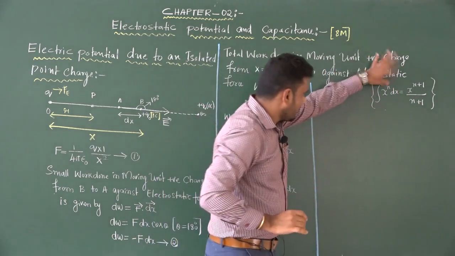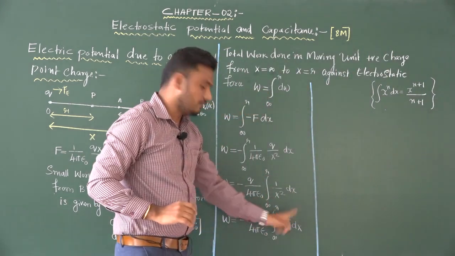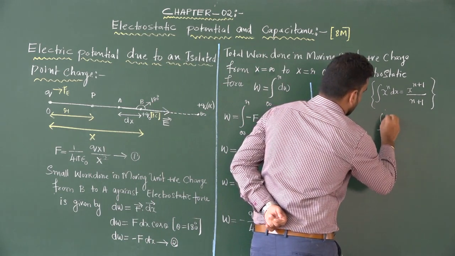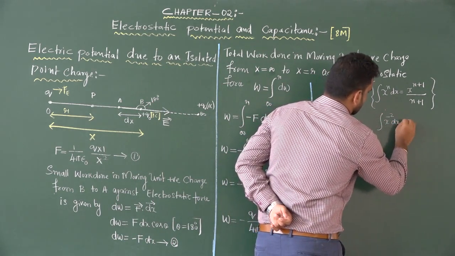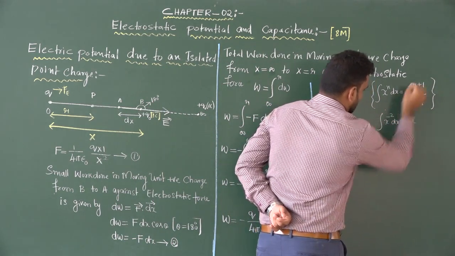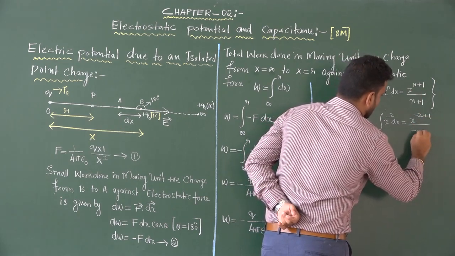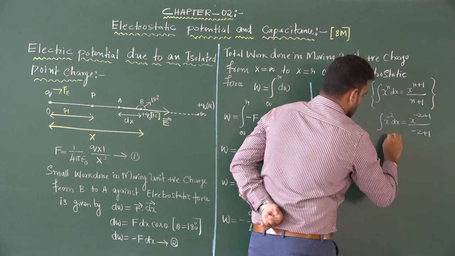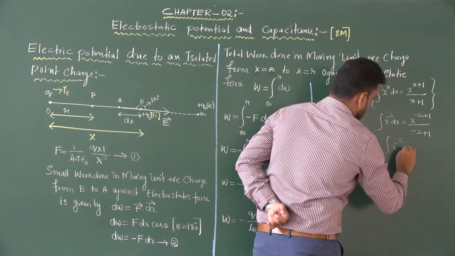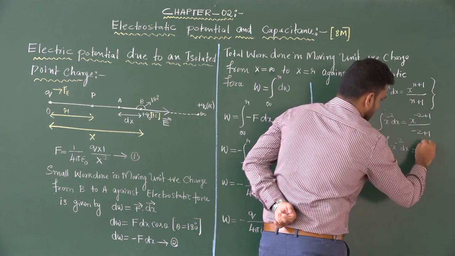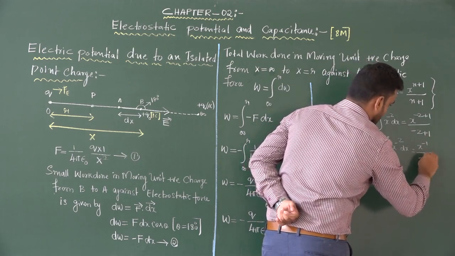So in the place of n we have minus 2. Integration of x to the power of minus 2 dx is equal to, in the place of n, minus 2 plus 1 divided by minus 2 plus 1. Minus 2 plus 1 is minus 1, divided by minus 1.